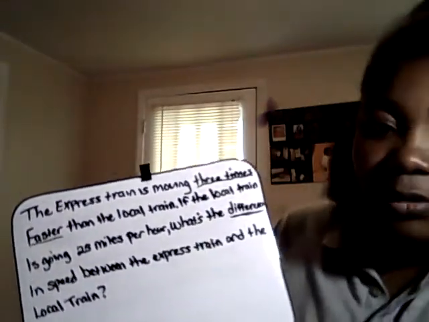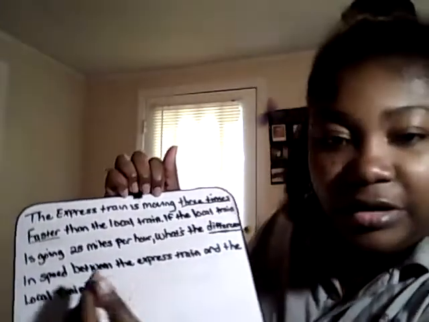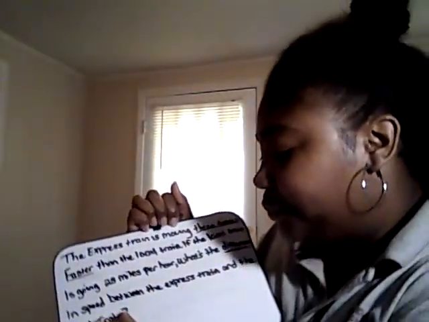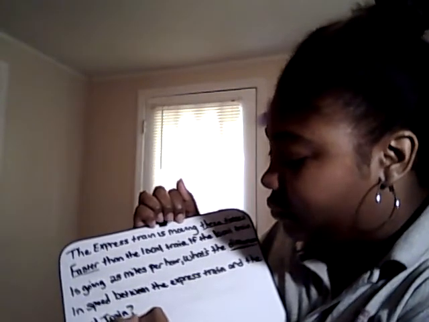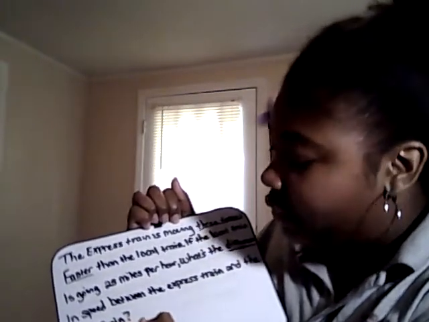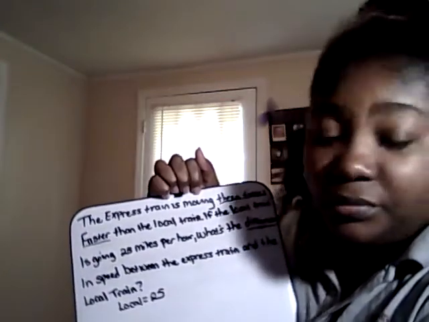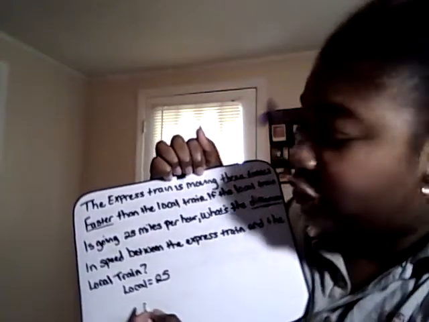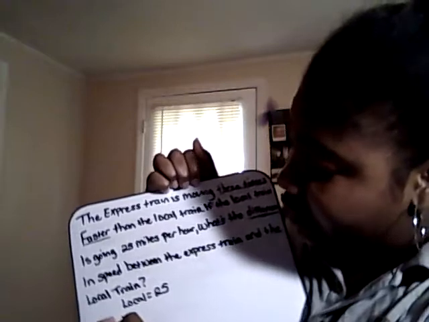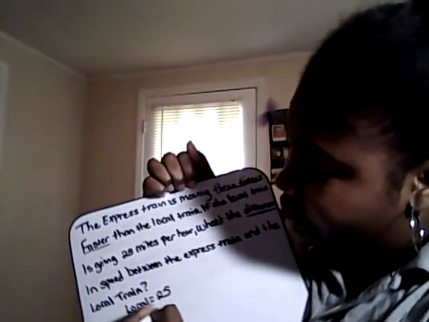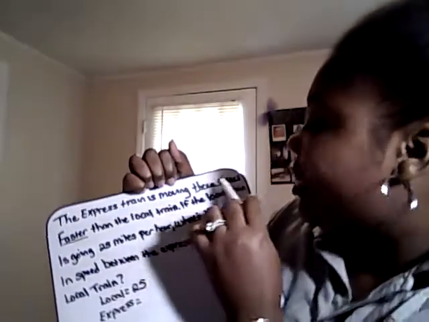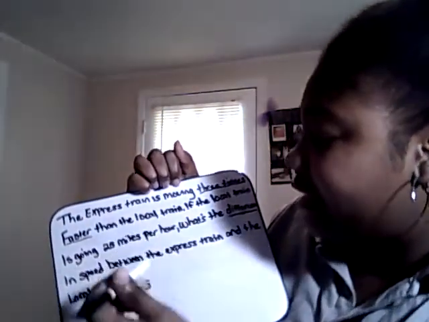So I'm going to go ahead and write out how much the local is. The local is 25. And for the express, it said it is 3 times faster than the local train.